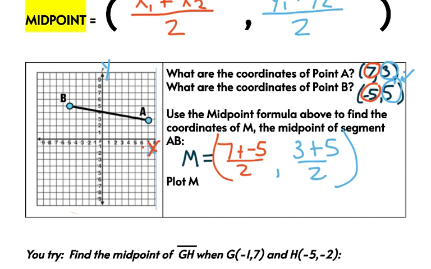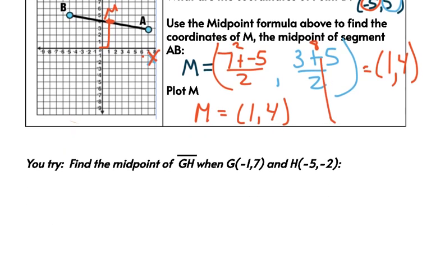So now when I do 7 minus 5, I get a 2. 2 divided by 2 is 1. 8 divided by 2 is 4. So when I go plot M at (1, 4), I go 1 to the right and 4 up. Doesn't it look like it's in the middle, right? This is my point M, and it looks like it's right smack in the middle. So lo and behold, it works, right?